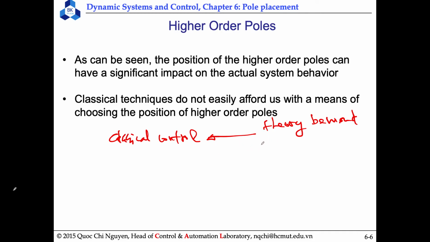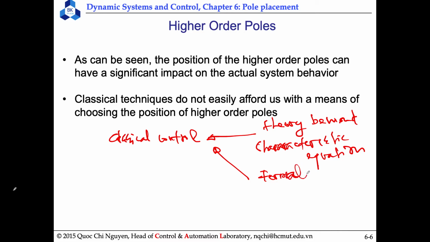The theory behind classical control is based on the design of the characteristic equation, right? And the second is based on the formulation of the second order system.